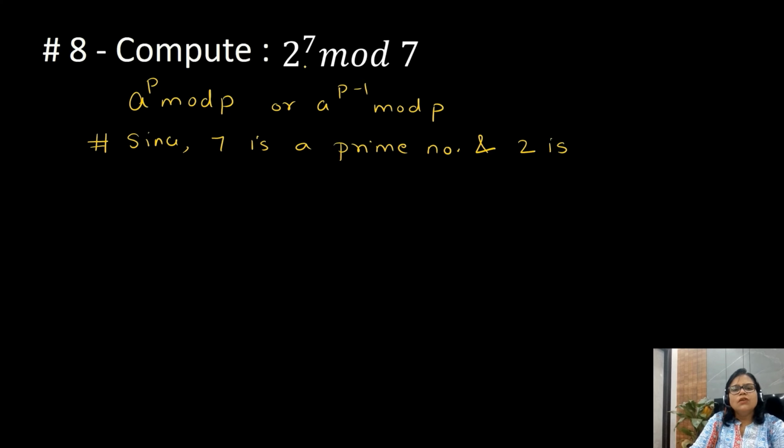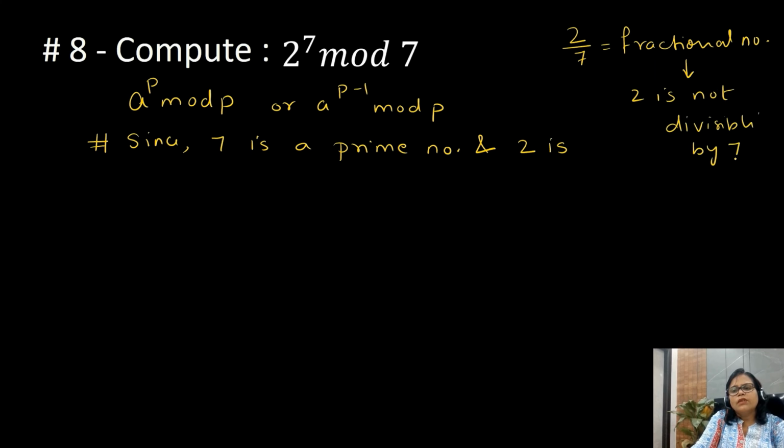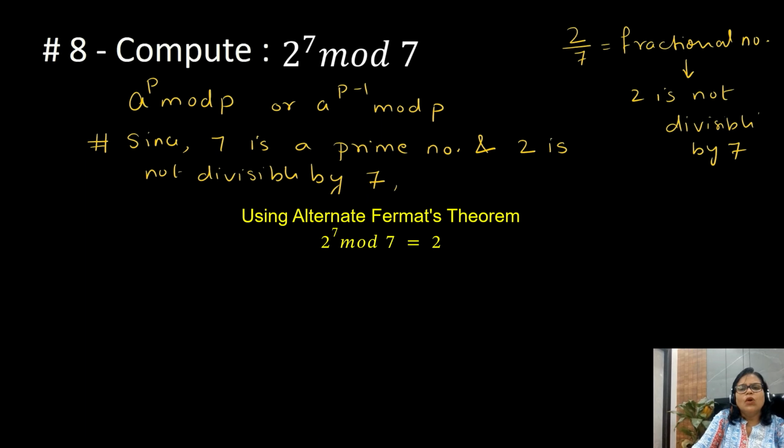And second, you have to check whether 2 is divisible by 7. So you take a calculator and do 2 by 7. If you get a fractional number, that means 2 is not divisible by 7. Since 2 is not divisible by 7, you can use Fermat's theorem or alternate Fermat's theorem. So what is the answer? The answer is 2 raised to the power of 7 mod 7 comes out to be 2. So this is the answer.